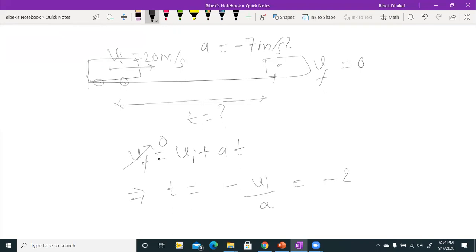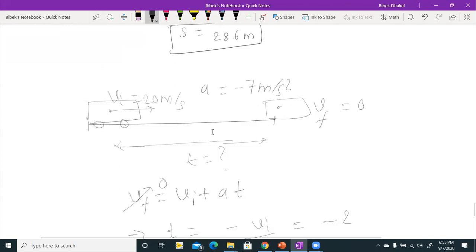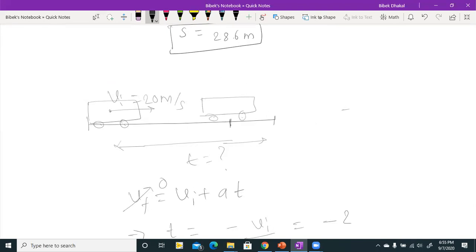Oh, I think I read the problem wrong. So I think it's asking you when the car was in the middle of the road, like it was still skating, but it changes the final velocity to be 12. So it hasn't stopped yet, it's still moving, but the velocity now has dropped to 12 meters per second, right?